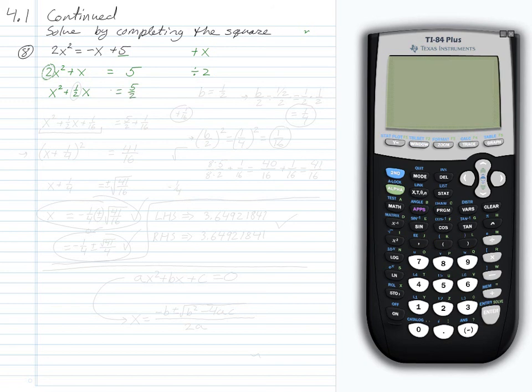So right now, b is 1/2, the coefficient of x. b over 2 would be 1/2 over 2, which is 1/2 times 1/2, which is 1/4.